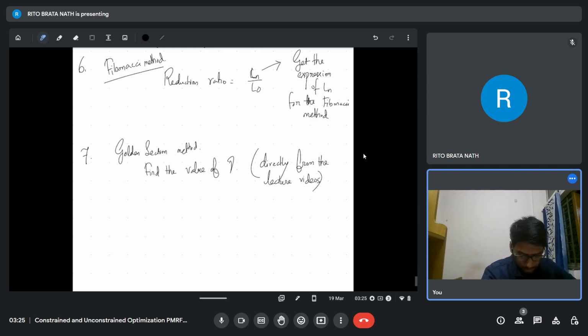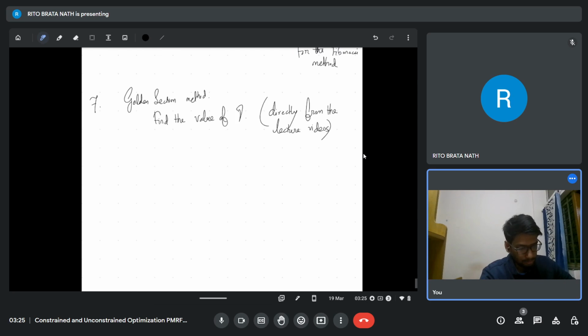In this problem, you have to check how many points or minimum iterations are required for both cases, and the one with fewer minimum iterations required will be preferable.